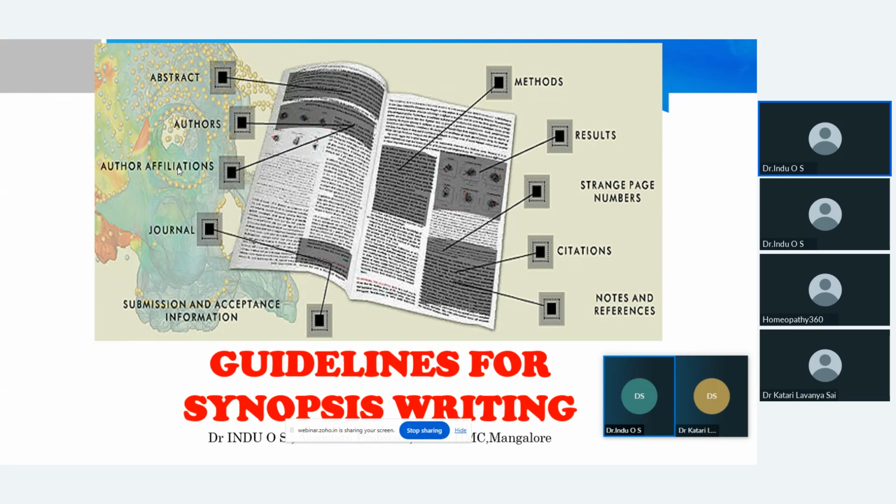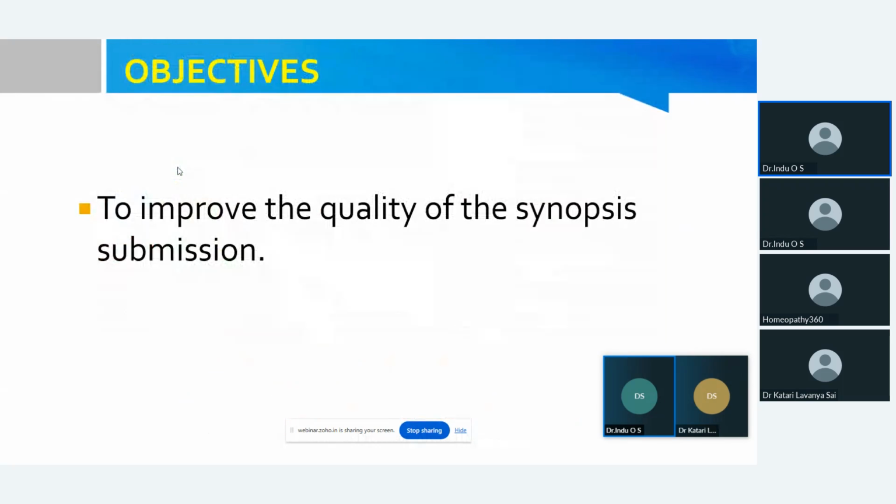Next slide, sir. Most of us may have faced incidents like rejection of our synopsis. We might be working hard for the submission as well as for the planning of the research work, but still we may get rejected after submission.